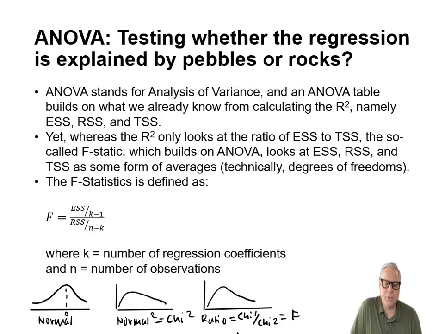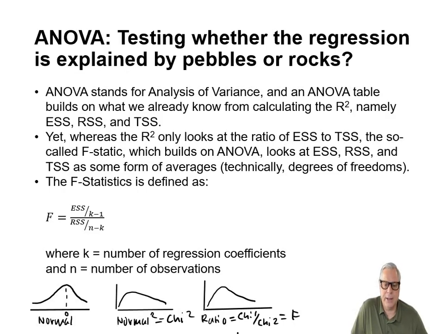And again, the degrees of freedom in the numerator for the explained sum of squares is the number of coefficients minus 1. In a bivariate regression, we have two coefficients, the intercept and the slope. So two coefficients minus 1, we have only 1 degree of freedom.